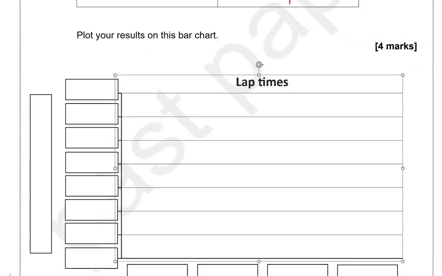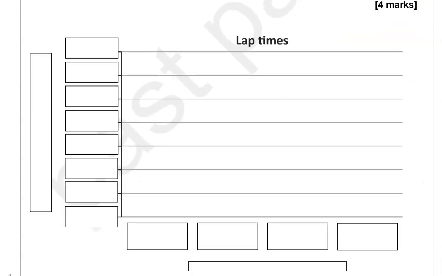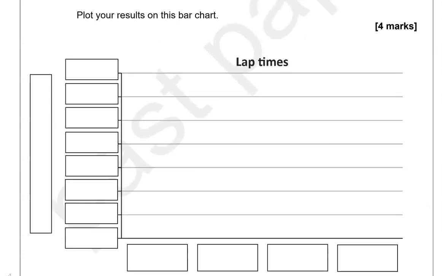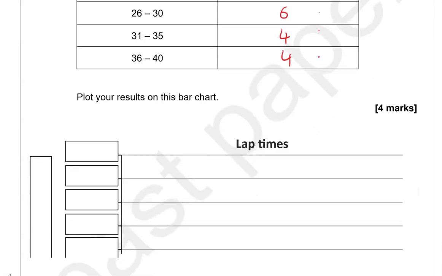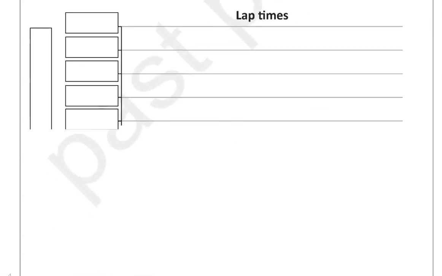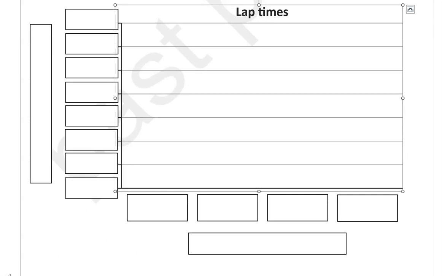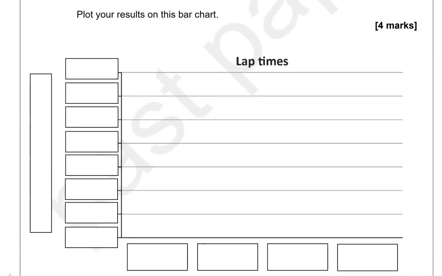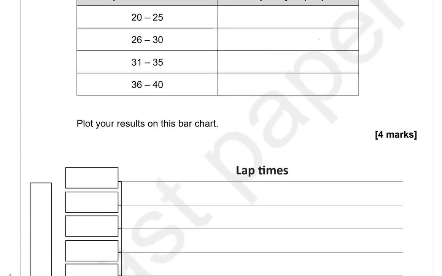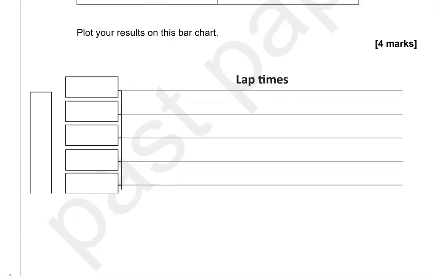Put your results on this bar chart. So lap time in seconds, we're going to show that horizontally. And we've got, as we said, 20 to 25.